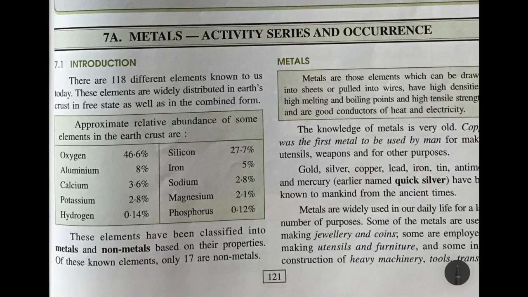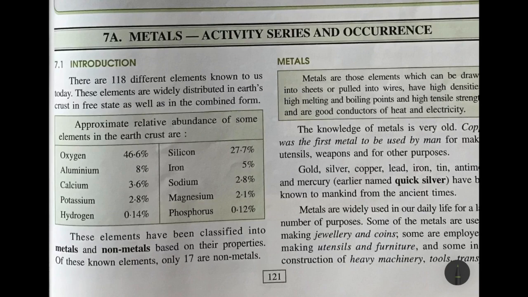So they will be found, especially the reactive metals, as oxides or carbonates or nitrates. For our daily use, like iron, aluminum, and copper, we have to extract it. That is known as metallurgy.